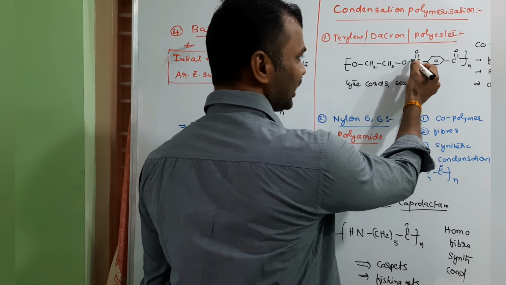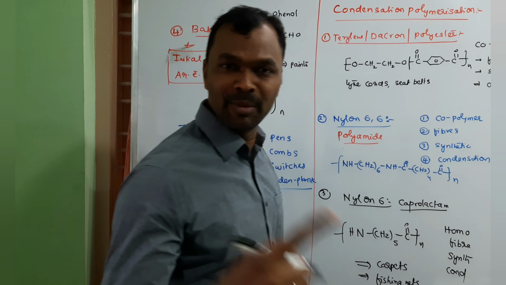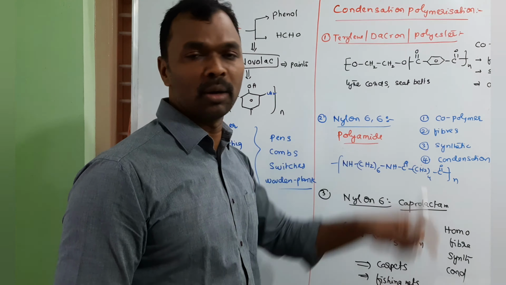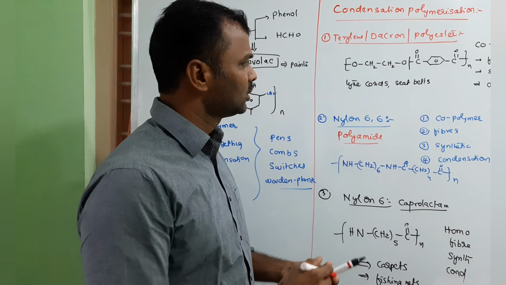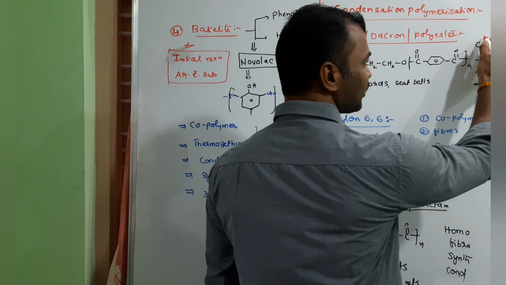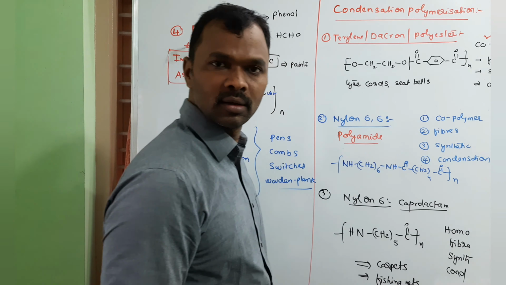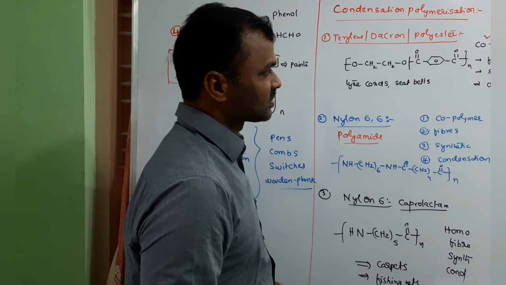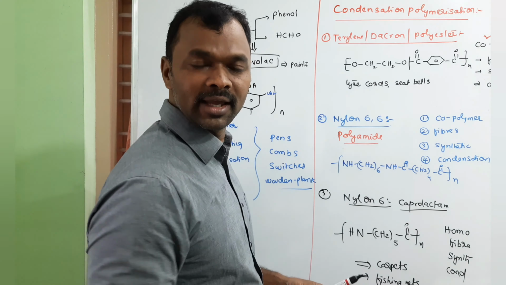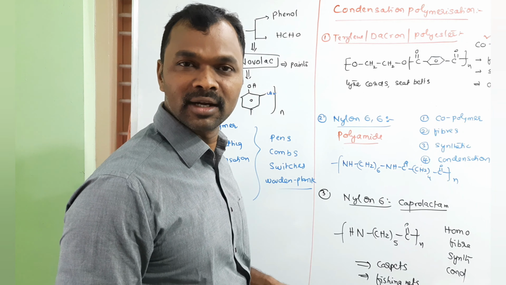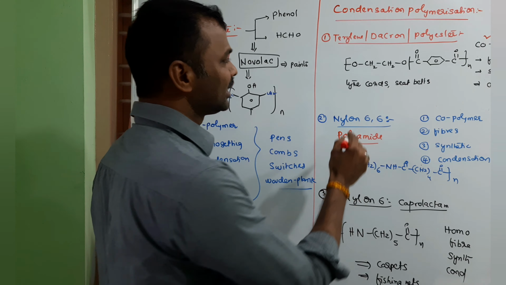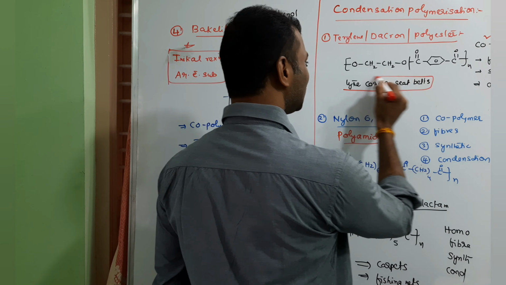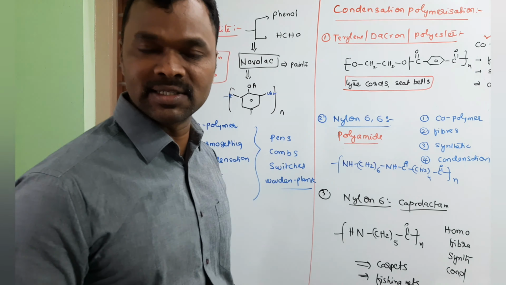So ethylene glycol and terephthalic acid, by eliminating water they formed. Very important. So it is example of copolymer. Terylene is an example of fiber. Next one is synthetic polymer. It is prepared by condensation polymerization. Terylene generally used in tire cords and seat belts.